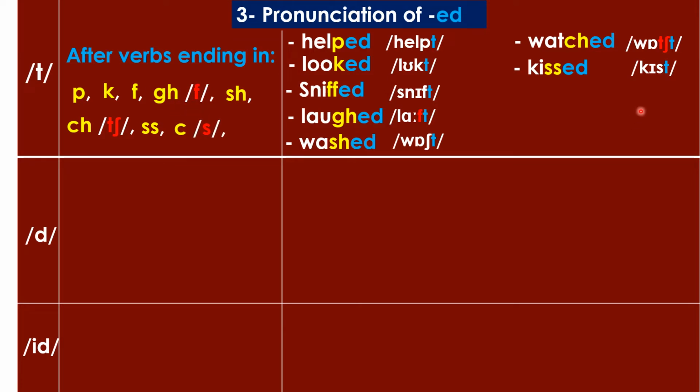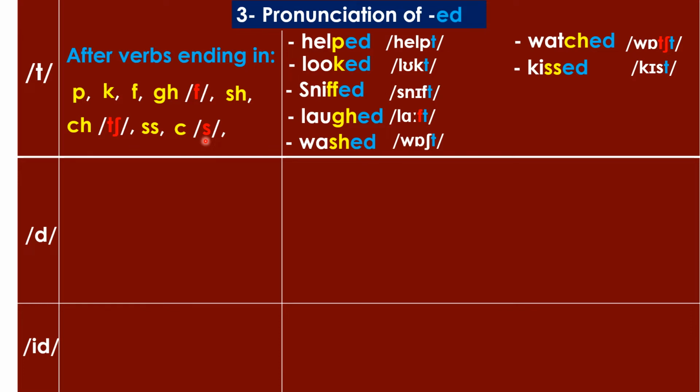After the letter c pronounced as s, because sometimes the letter c is pronounced as k sound, as for example in the word cancer. So the word cancer has two c letters.